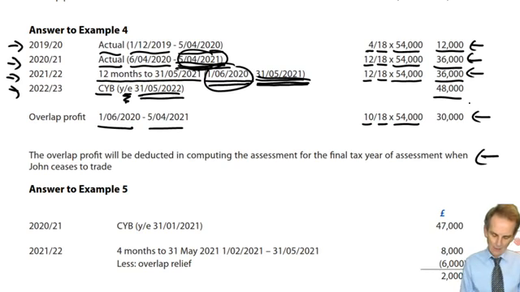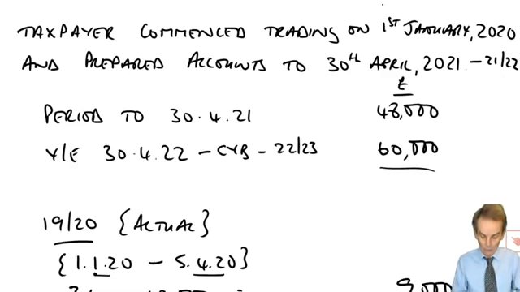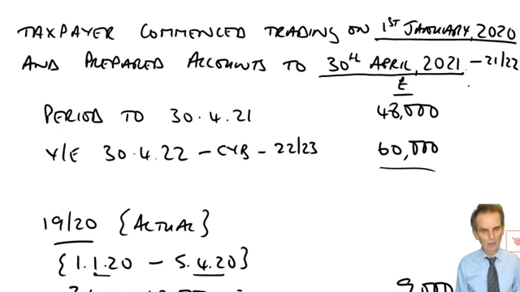Okay. Now, I'm going to go back to the examples I gave to you, where the last 2 of the examples I've done for you and worked with you. This last one is where we'd started on the 1st of January 20 and then produced a 16-month period through to the 30th of April 21. And that was, as you've just been practicing with that last example, a situation where there is no accounting period in the second tax year.